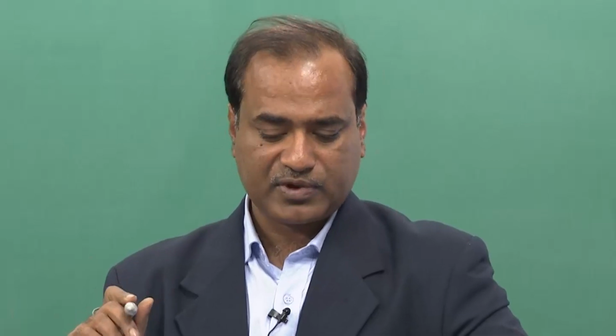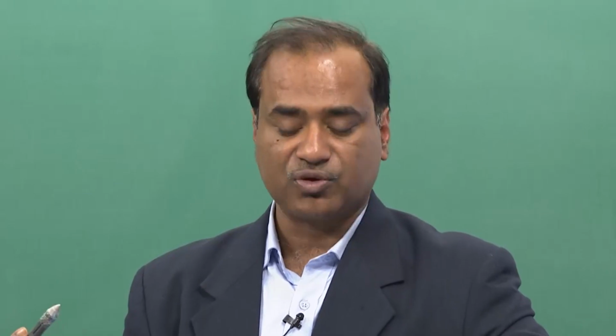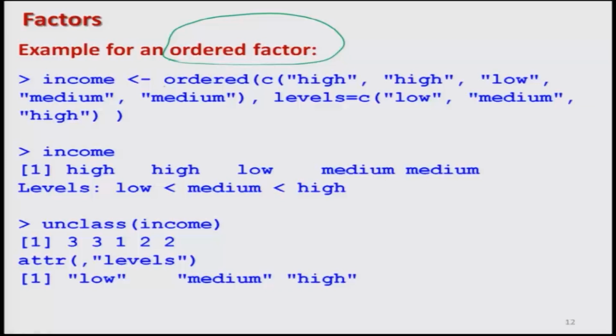Now, in case you want to have some ordering also, then this ordering has to be defined by using a function here, ordered, all in small letters, and inside the bracket, similar to the use of factor, we have to give the data.